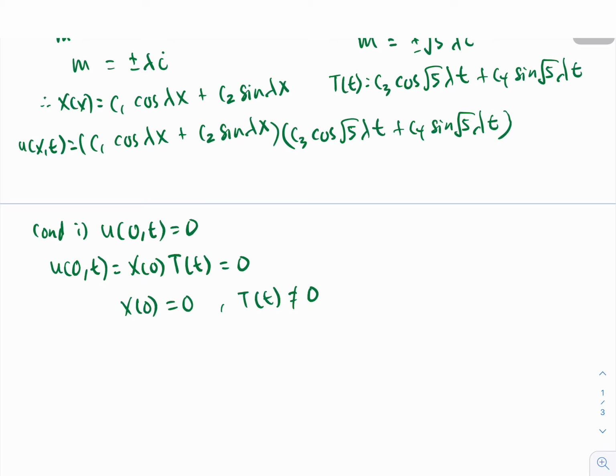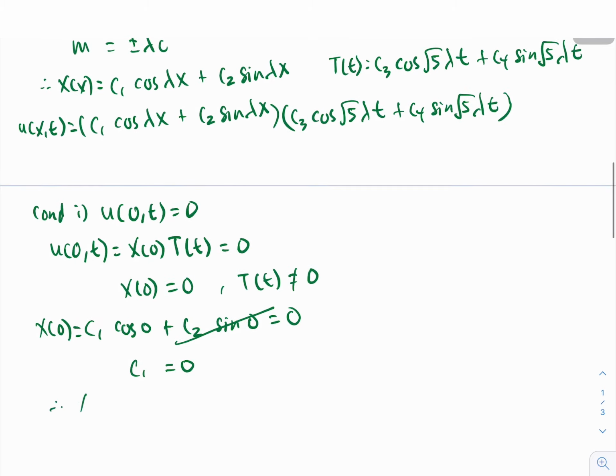So X(0) equals C1 cos 0 plus C2 sin 0 equals 0. Sin 0 equals 0, therefore C1 equals 0. Therefore X(x) equals C2 sin lambda x.